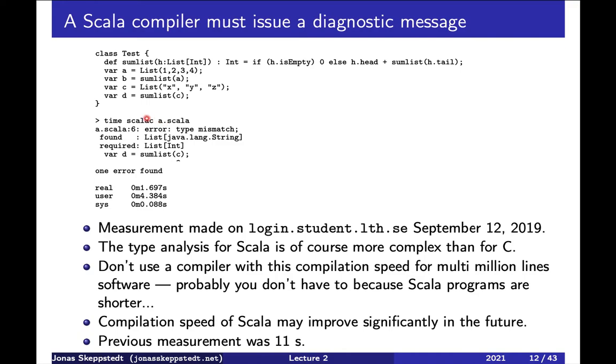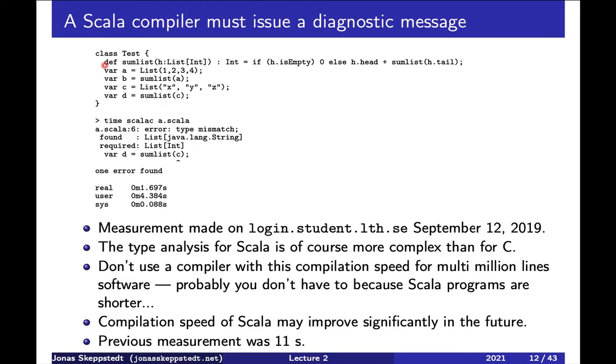If we compile this, it found a list of strings, and it was required to have a list of integers. So it will not run the program. And by the way, here is how we can do this in Scala.